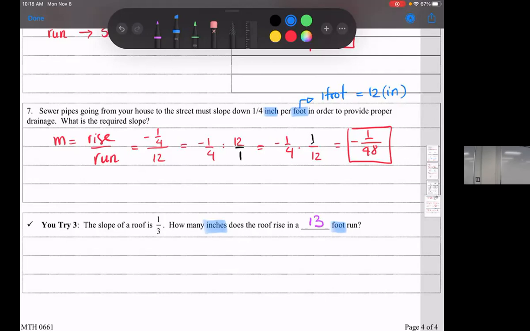I'm literally telling you the answer. Make sure you change the 13 into inches. No, 1/3 is your slope. They're asking for the rise.